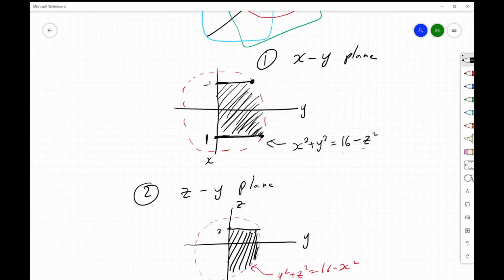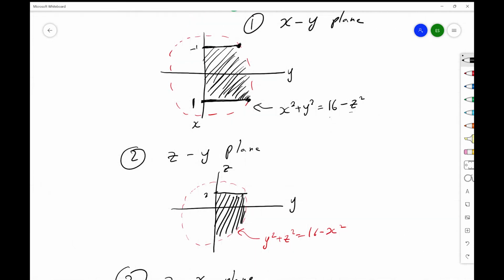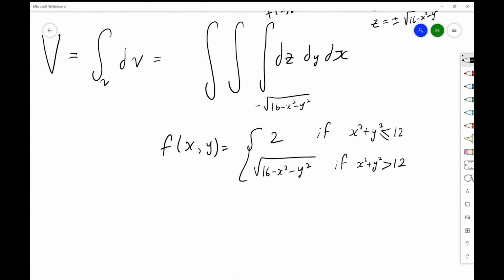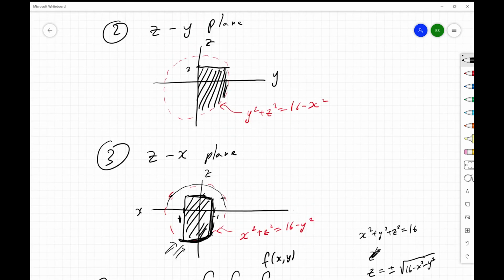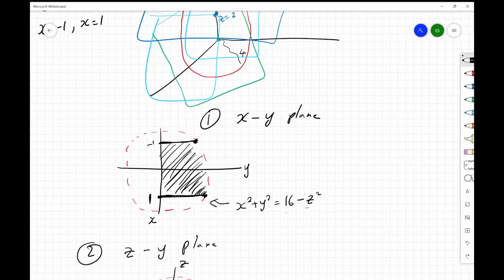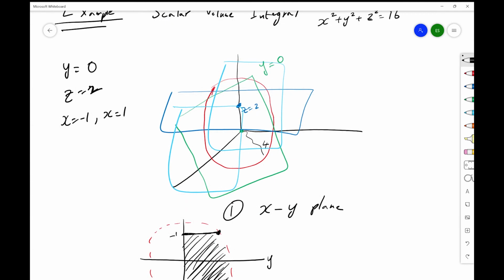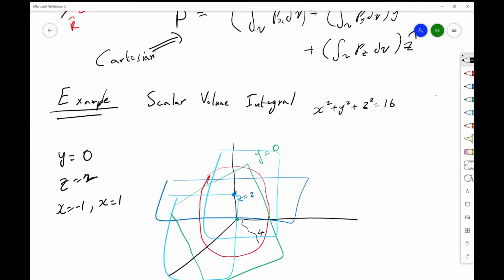I might be the one who made the mistake. Yeah, I'm thinking this doesn't make sense. This is correct, absolutely, if x squared plus y squared. What is x squared plus y squared? Think about it. It's an equation of a circle on the xy plane. So this is a sphere. Yeah, ignore what I said. I think I'm the one who got confused about something. So this is an equation of a sphere that has a radius of 4.